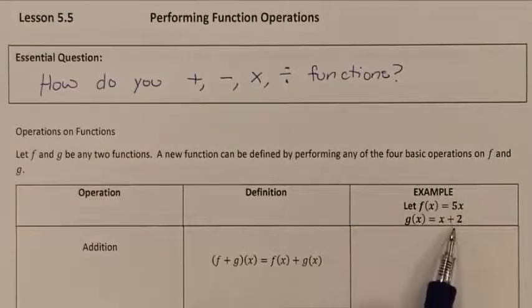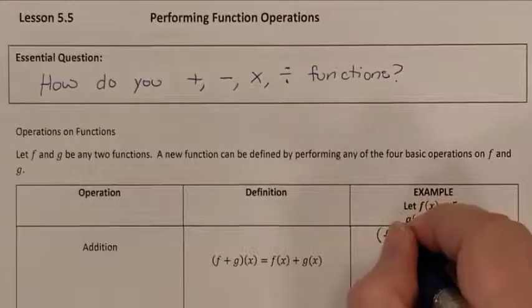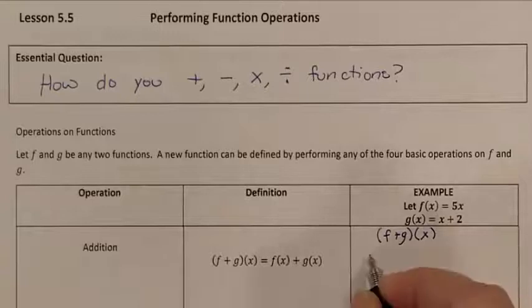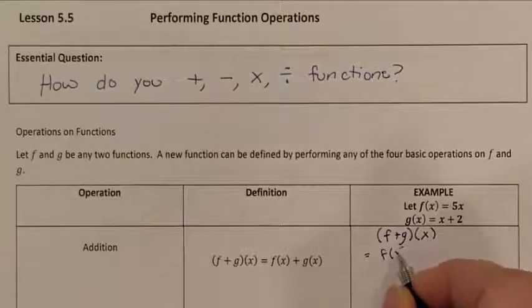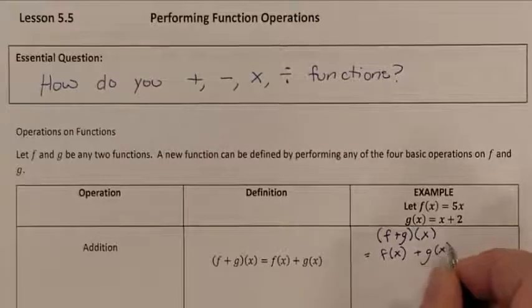So we have an example. It says that f of x is 5x, and g of x is x plus 2. We are being asked to add the function f with the function g, still in relation to x. To do that, we take the function f of x and add it to the function g of x.